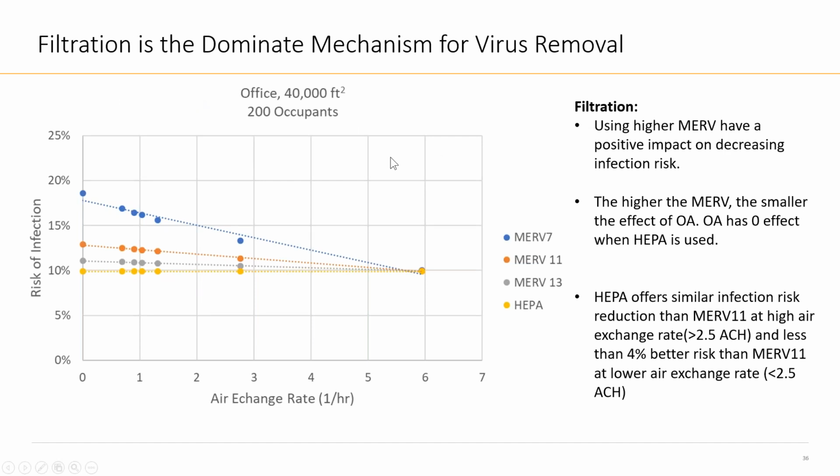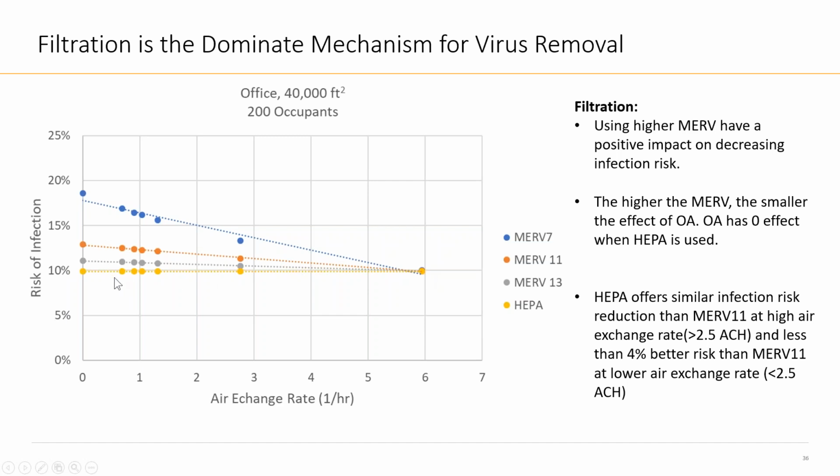Adopting the Wells-Riley model, which is very highly adopted, was the first model to look at measles in New York schools and was later used by many different researchers. On the y-axis is the risk of infection. On the x-axis is the air exchange rate. The different series here are MERV filters. In summary, look at the yellow line.